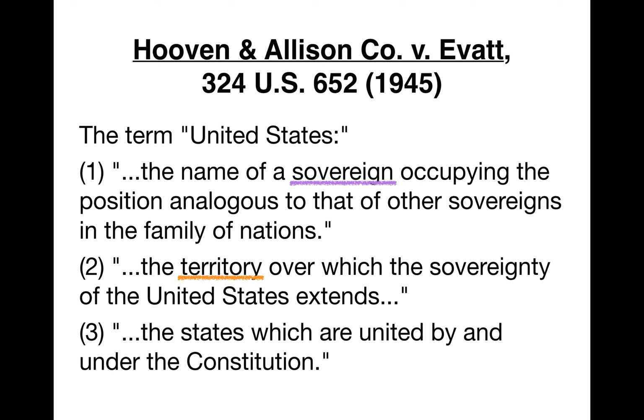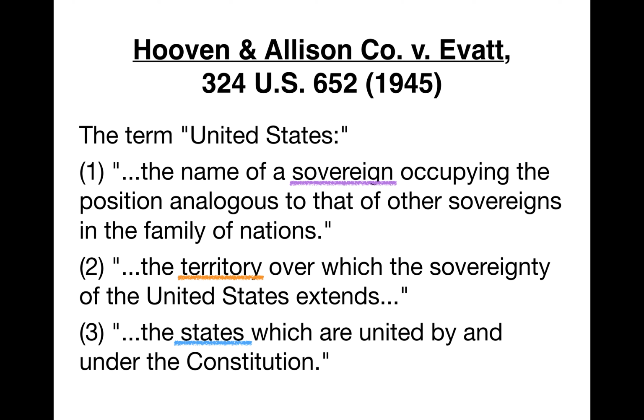It's an area not exceeding 10 miles square, and all its territories and also places ceded to it by the states. Now, the last meaning of the term United States is the one that we often think of when we think of the United States, which are the 50 states united by and under the Constitution.